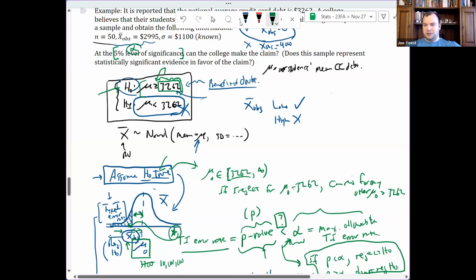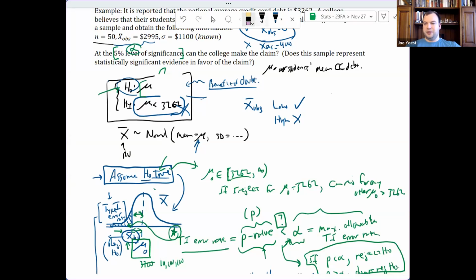So I've kind of drawn all over this. Let me erase this just to clean it up a little bit. So I had mu greater than or equal to 3262 here, but in practice, we usually don't write that for mu naught. Usually we would just write mu equals 3262 because of this idea.